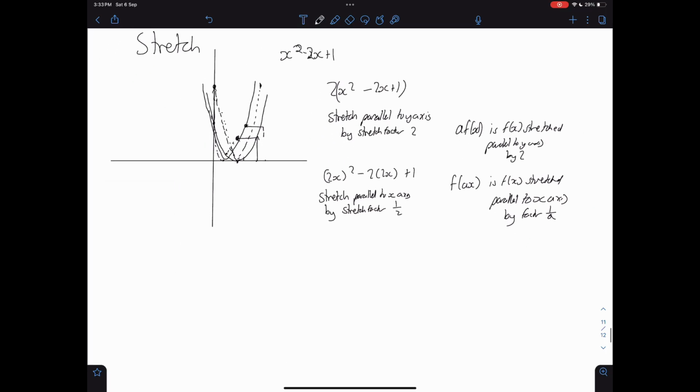And now we should think about what happens if we combine some of these. Combinations, combining transformations. So what we can do is split it up into vertical and horizontal.